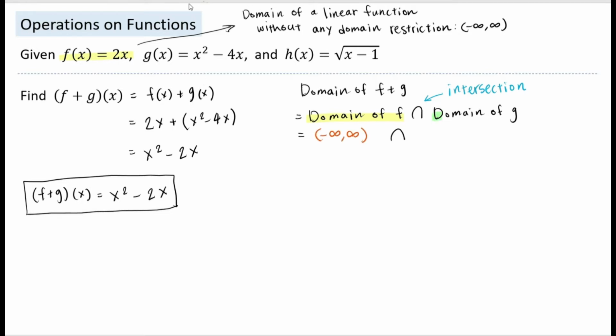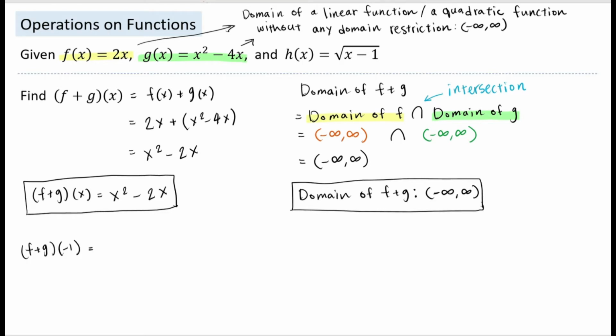The domain of g is the domain of x squared minus 4x because it is a quadratic function. The domain without any restriction is from negative infinity to infinity. So the domain of f plus g is from negative infinity to infinity.